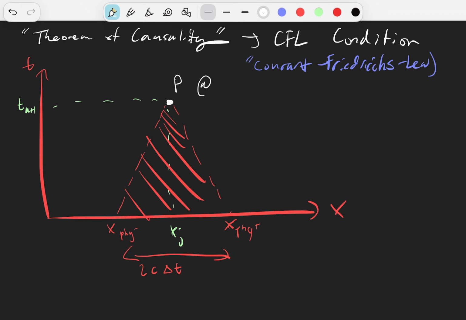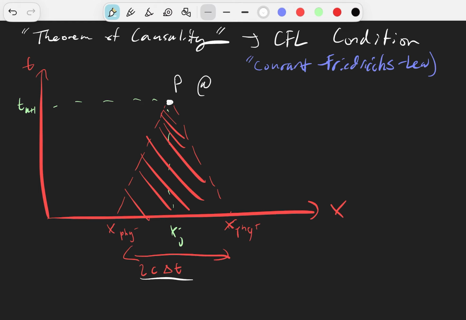And these are characteristic lines that are true to physics, and they have a base with 2c delta t, okay? And this depends on how we're discretizing our time.